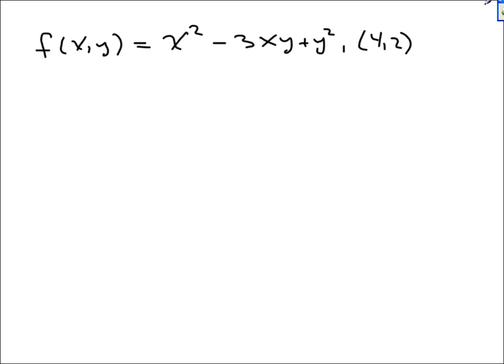Now, it turns out that the magnitude of the gradient is going to be our answer. The magnitude of the gradient is the maximum value of the directional derivative.